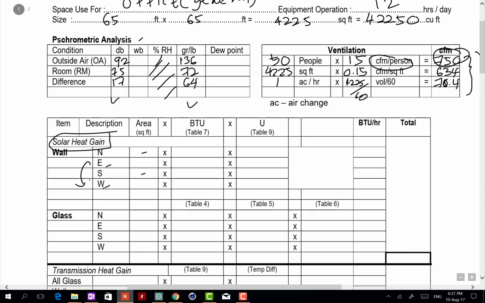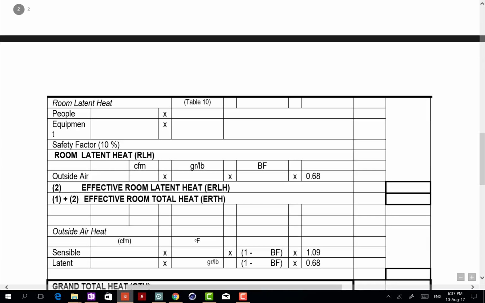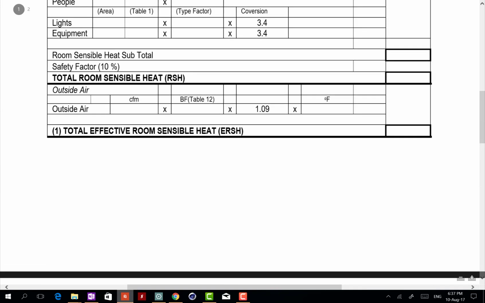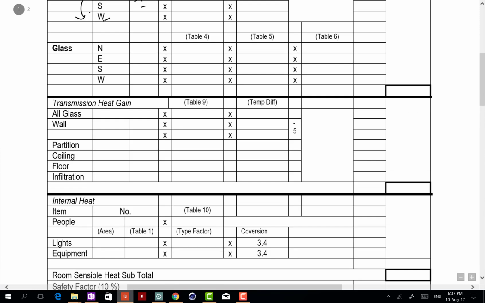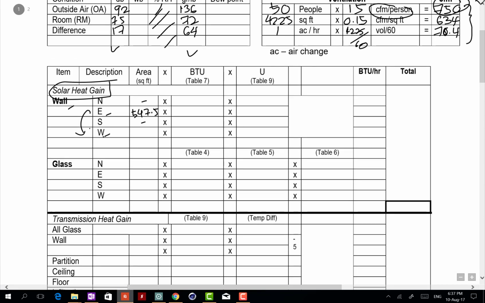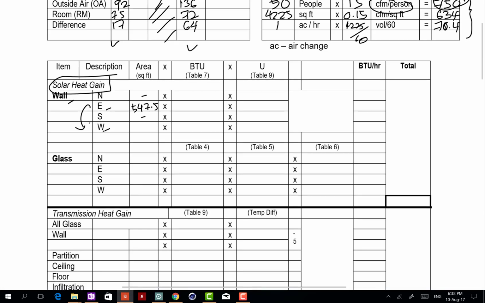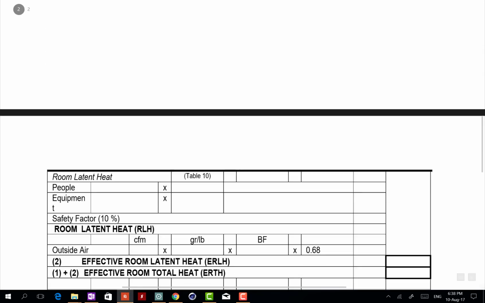So this one is wall, so I fill in 547.5. For the west direction, sorry, let us check again.